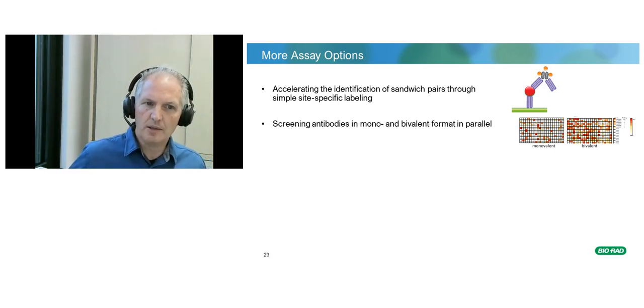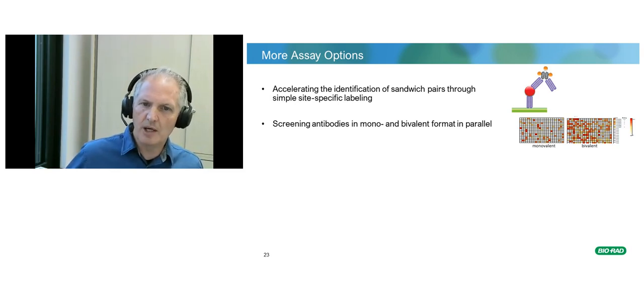We can do screening after our antibody generation by phage display. We can do the screening in mono and bivalent antibody format in parallel, which is usually not possible. The advantage of this is that the monovalent format, as you can see here, which shows a 384 well plate, of course has fewer hits because you don't have avidity. So it is more stringent. So it's better to use a monovalent format to select the best candidates, the highest affinity candidates.